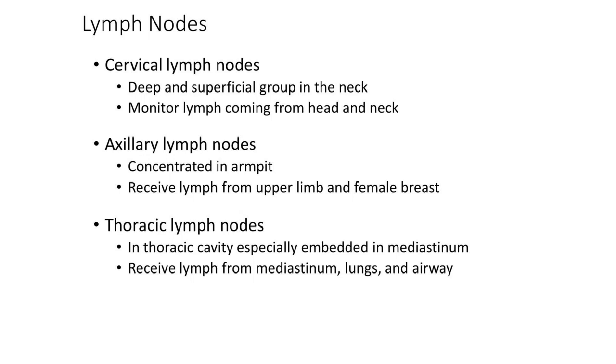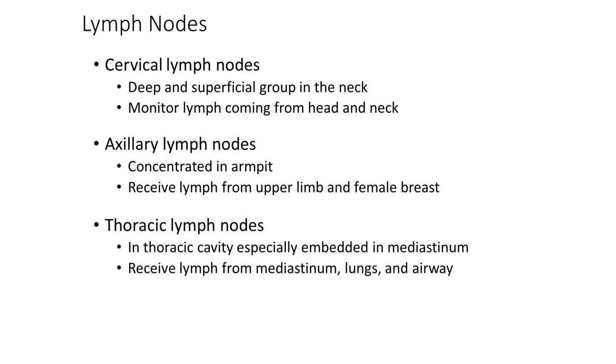You also have axillary lymph nodes, and these are concentrated in your armpit. These receive the lymph from your upper limb and from a female breast. Then you have thoracic lymph nodes. These are in the thoracic cavity, especially embedded in the mediastinum.